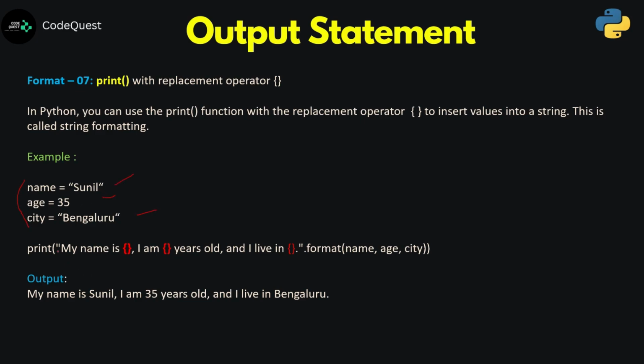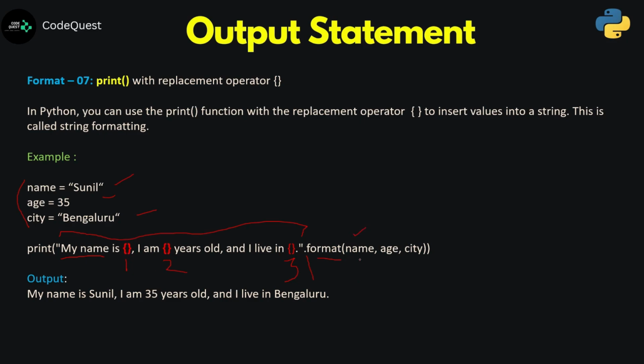And inside this double quotation, we started here and we are ending it here. I'm writing some string of my choice, and you can see there are three pairs of curly braces, which are called your replacement operator. Now, after this string is over, we are using a dot followed by format. And this format is going to list out all those values which are to be replaced.